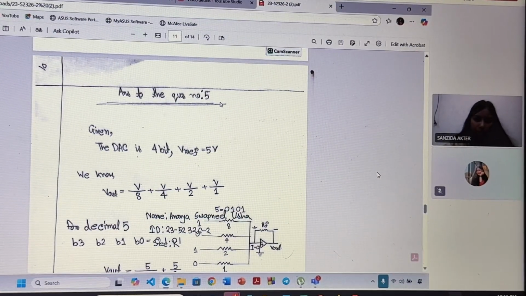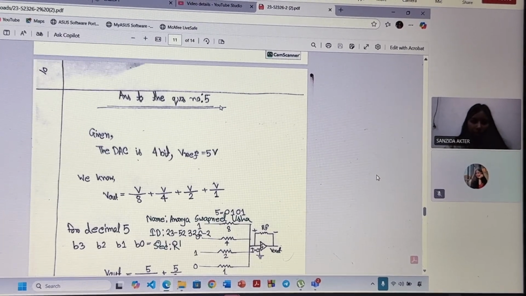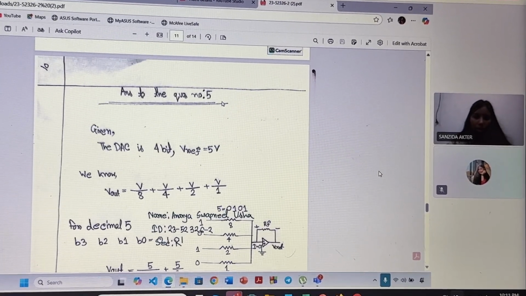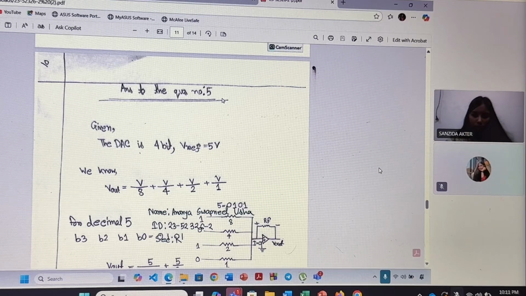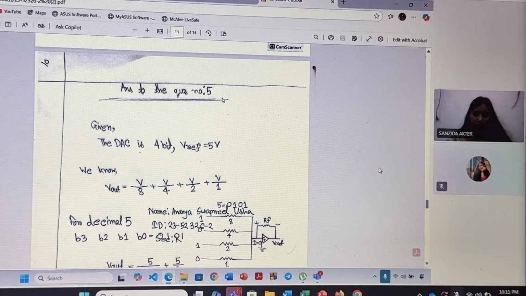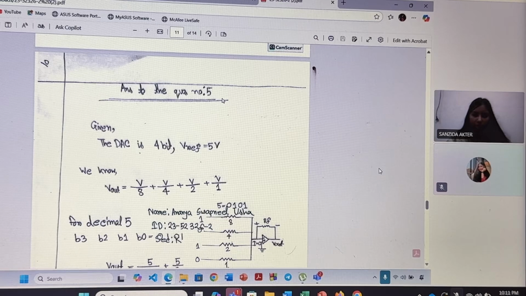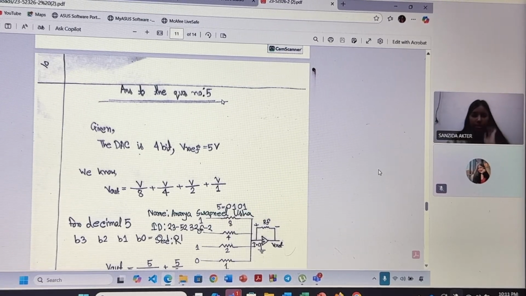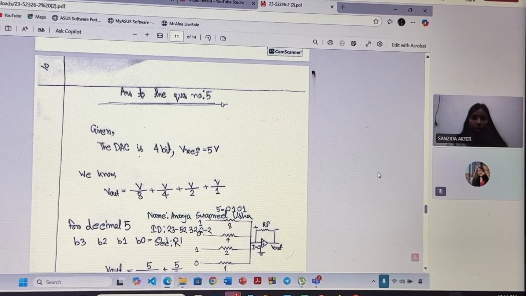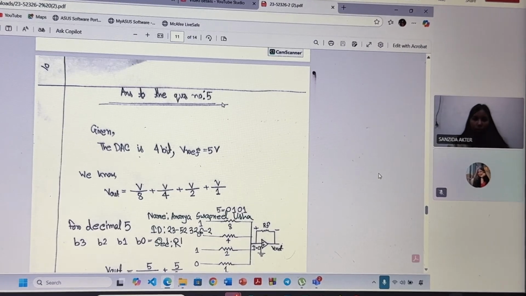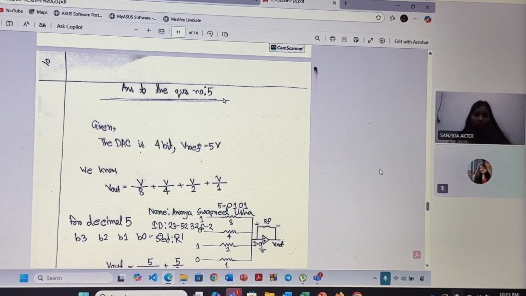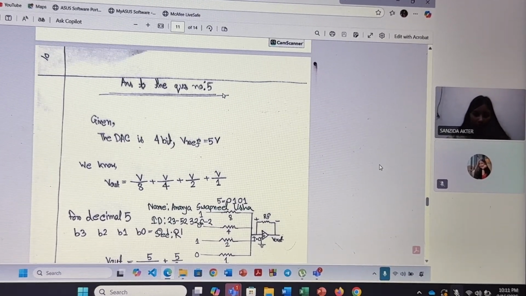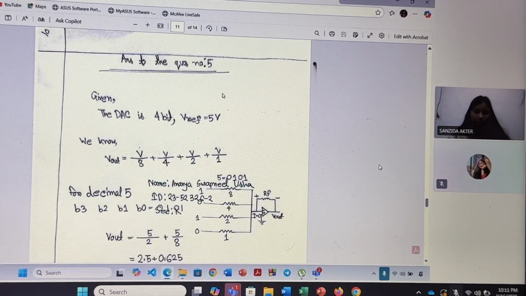The fifth question asked me to calculate the DAC output voltage for passenger counts of 5 and 10 using a binary weighted DAC with a 5 volt reference. Here we can use a binary weighted DAC or an R-2R ladder DAC, but I used a binary weighted DAC with a 5 volt reference.